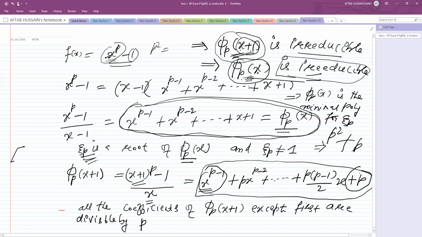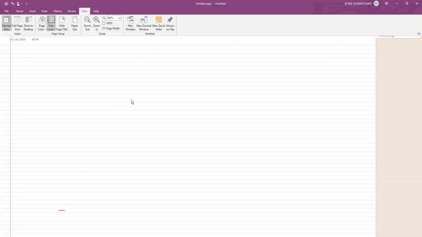So now, what is the degree of extension of this splitting field? Yes, p minus 1, the degree of this polynomial.